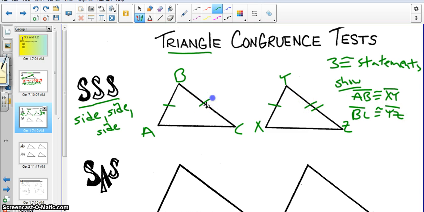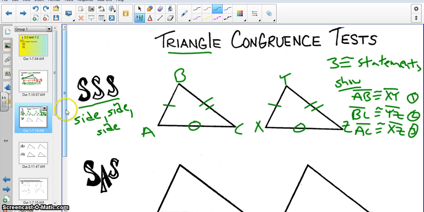It's my second pair of congruent sides. And my third pair of congruent sides would be to show that AC is congruent to XZ. So again, I must show 1, 2, 3 congruent statements. In our case, the first postulate would be side, side, side, showing three pairs of corresponding sides are congruent.